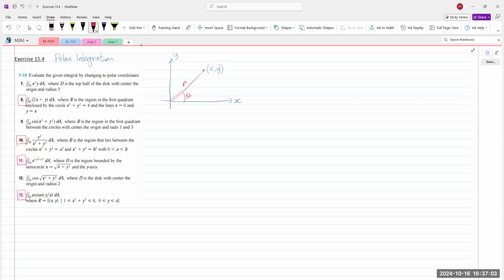For that reason, r is equal to the square root of x squared plus y squared, by the Pythagorean theorem. And theta is equivalent, not necessarily equal to, tangent inverse of y over x. From here we also see that x is equal to r cosine theta, and y equals r sine theta.